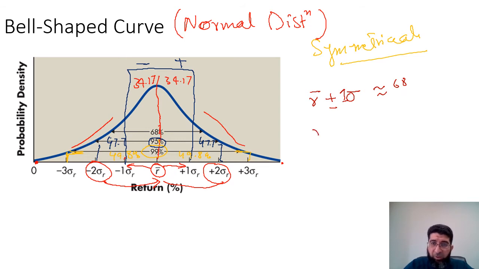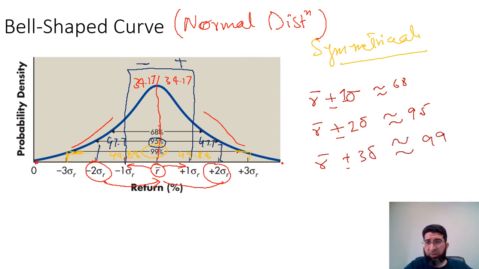For two standard deviations, the area it covers is 47.7 plus 47.7, which is 95% on both sides. And R plus or minus three standard deviations comes out to be 99%. I'm avoiding the decimal points, although there are decimals also, 95.4, 99 point something.